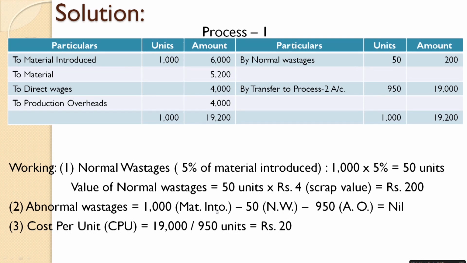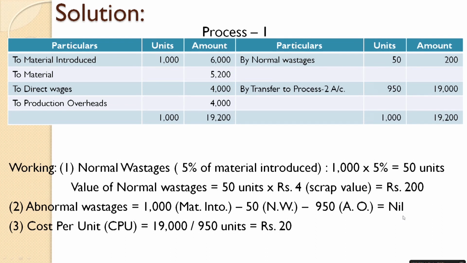So 1000 units of material introduced in the process 1, minus the normal wastage units, that is 50, and minus the actual output given at the end of process 1, which is 950 units. Now see, 1000 minus 50 minus 950 becomes 0.